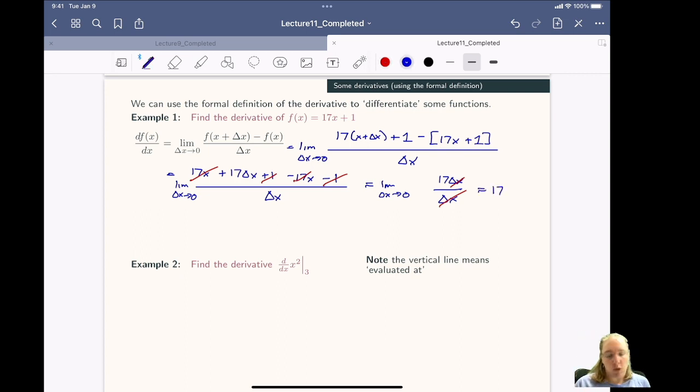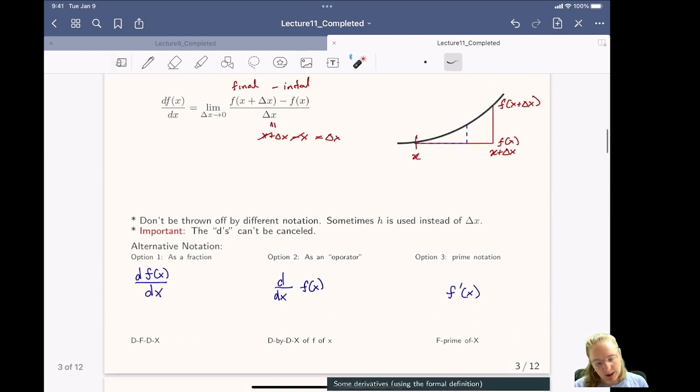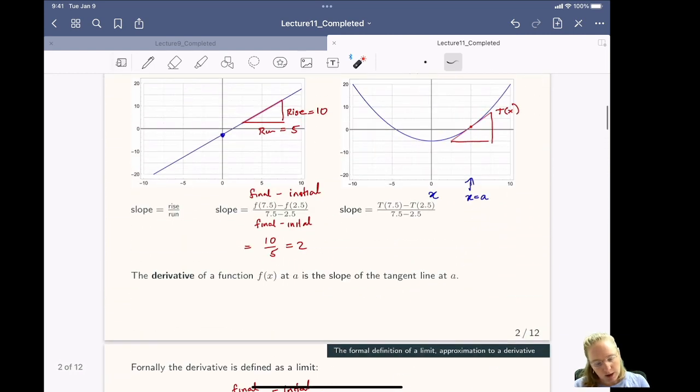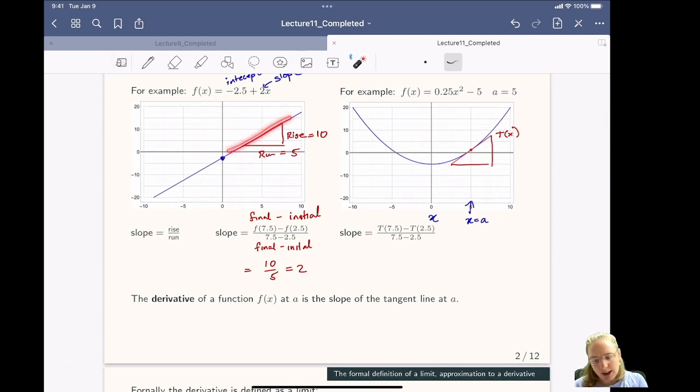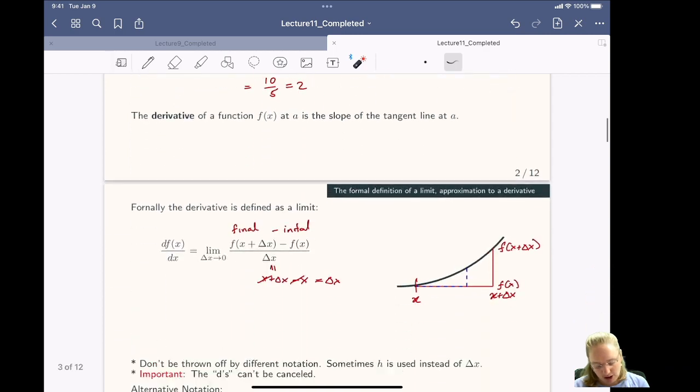All right, so once again, we can apply this formal definition of the derivative to reobtain the slope of a line. Now, that was for a line, but what about for a quadratic? As we saw on the previous page, if we're trying to take the slope of a line, it's simply the slope here, but when we take the slope of a quadratic, it's going to be the slope of that tangent line.